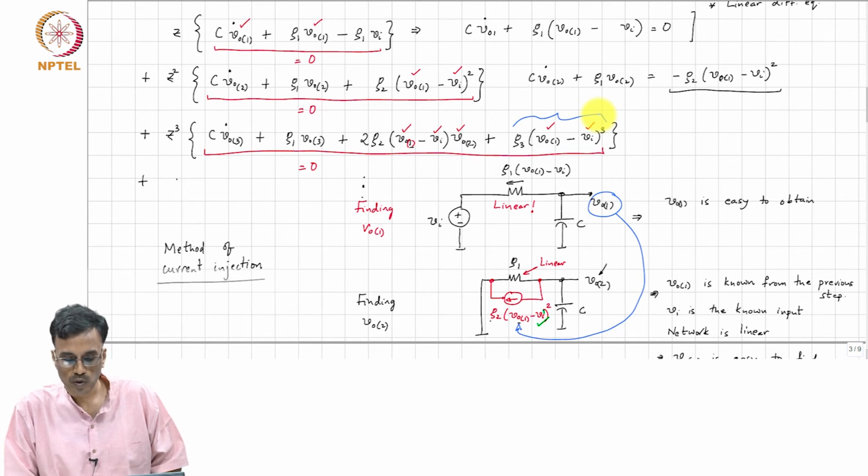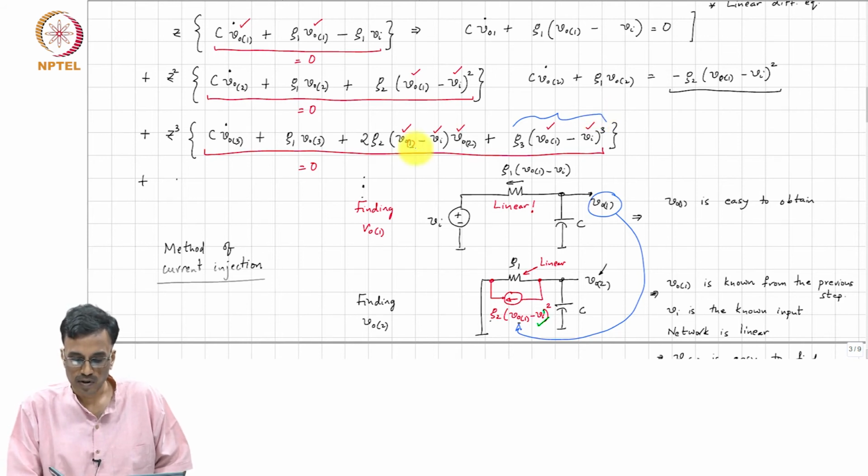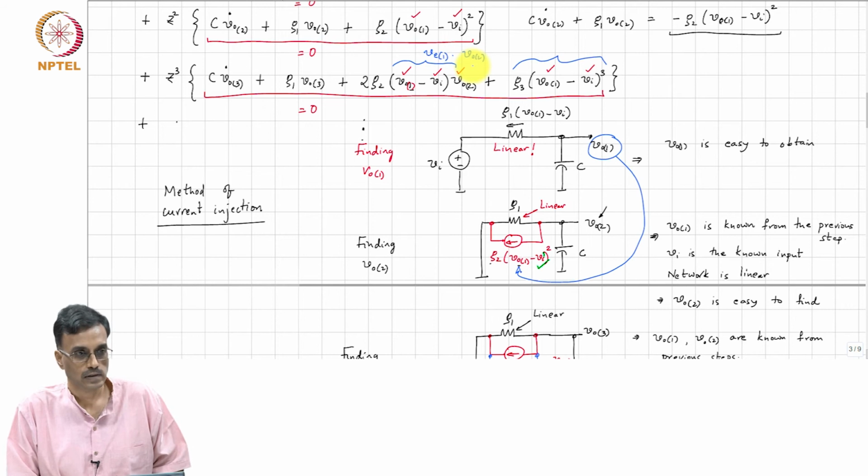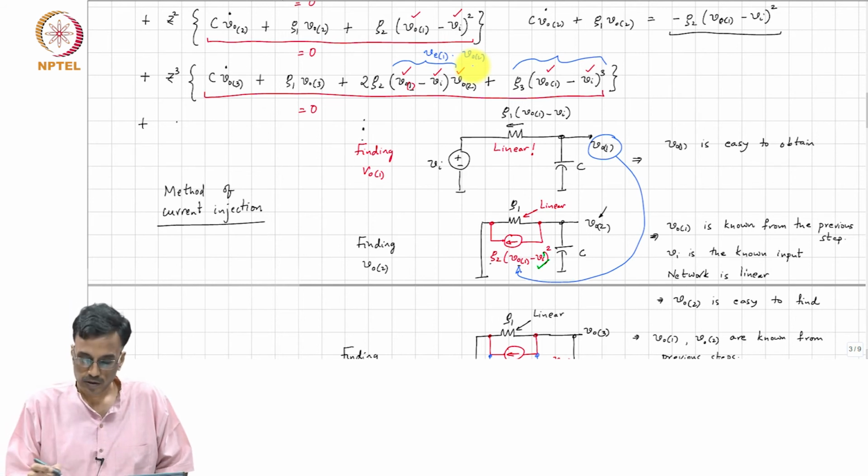So, you also need to have VO1 minus Vi times VO2, right. In our context, this corresponds to V error 1 times V output 2. Okay.